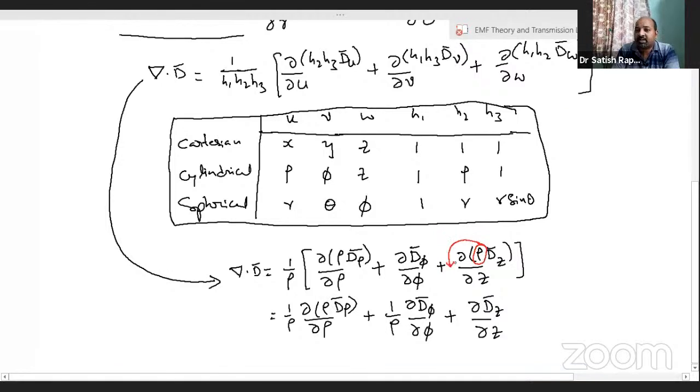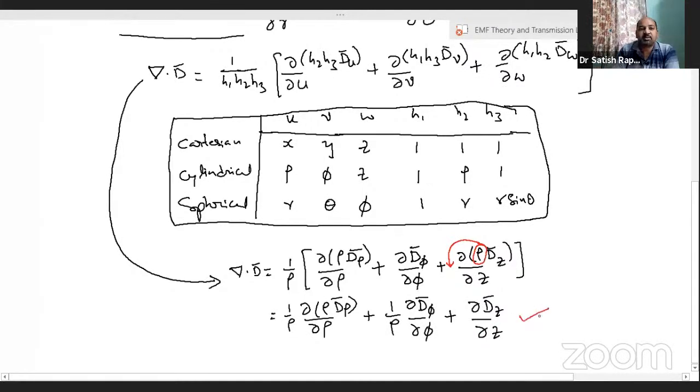In the third term, the partial differentiation is with respect to z, so rho is constant and can be taken outside. If you multiply 1 by rho into rho, rho gets cancelled. We have dou D_z by dou z.